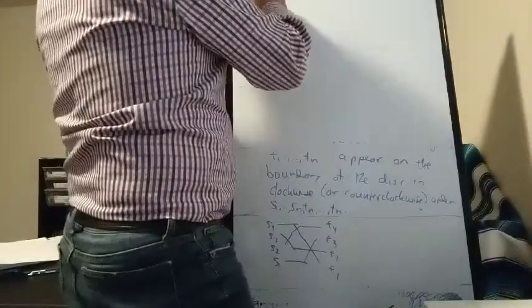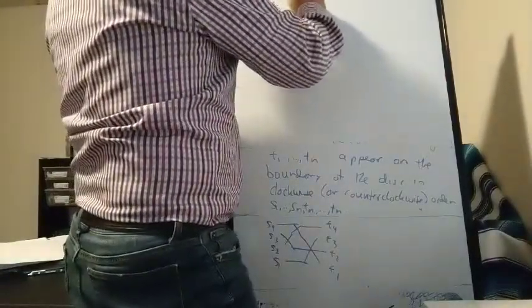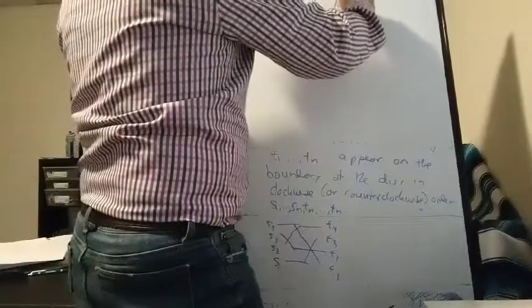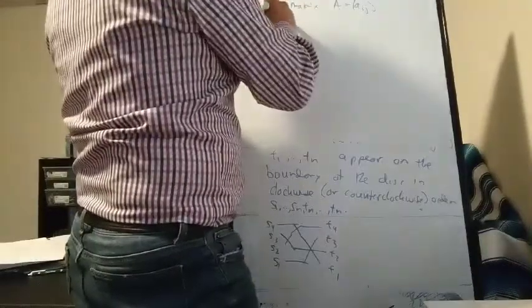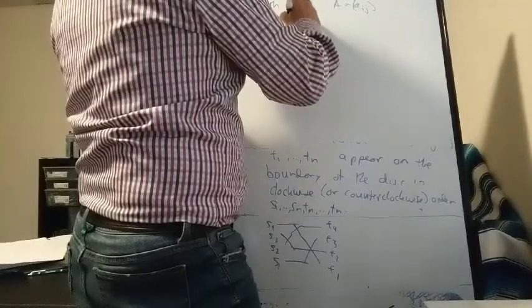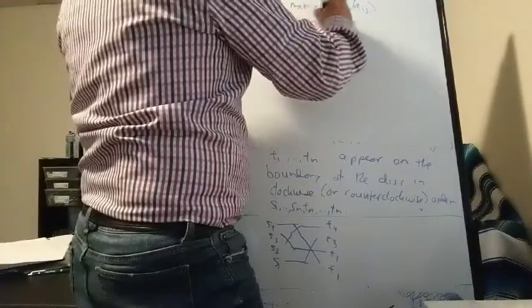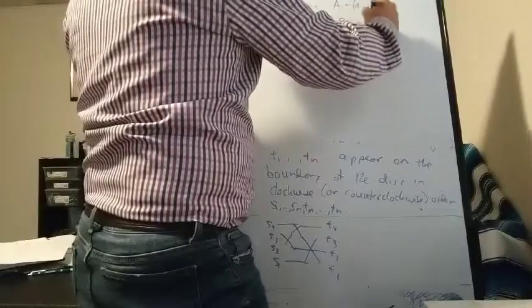Let me put up the definition of the path matrix again. So the entries are Aij, where Aij equals the number of paths from source i to sink j.